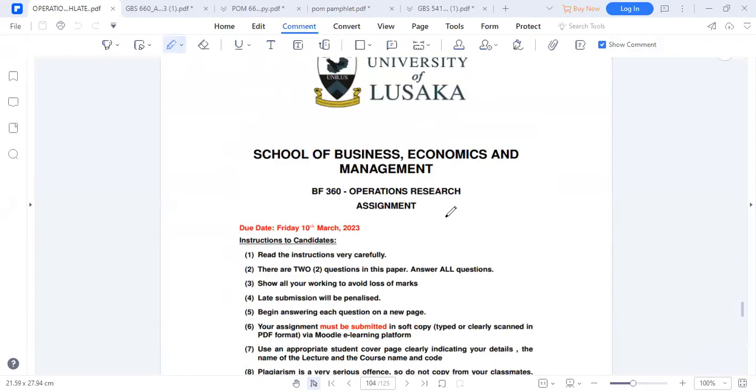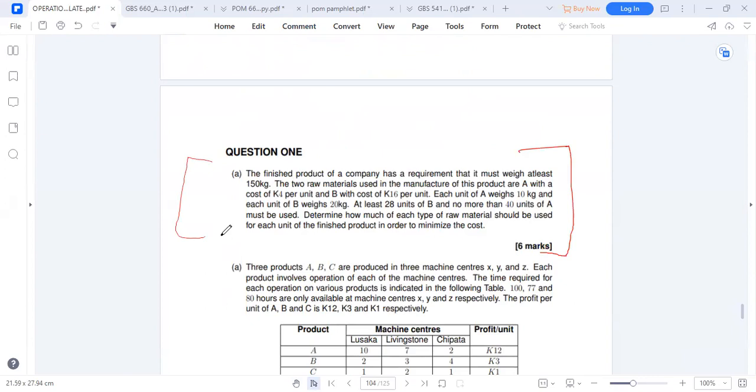Okay, so we can look at this question. In this one, it says the finished product of a Kanban has a requirement that it must weigh at least 150 kg.